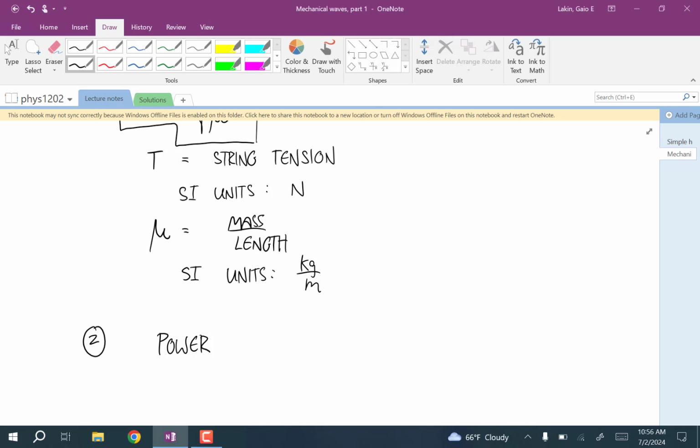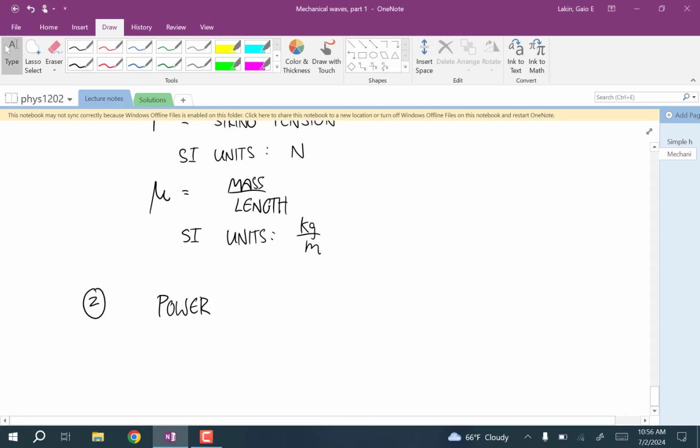And so what we're measuring is, per unit time, choose a spot on the string, how much energy is passing through that point. Okay, so this is the rate of energy transfer through a point on the string.